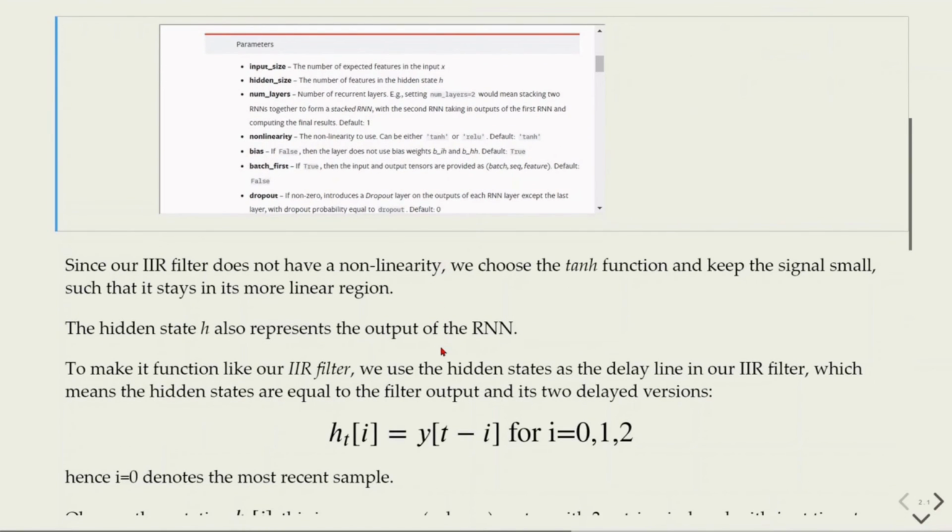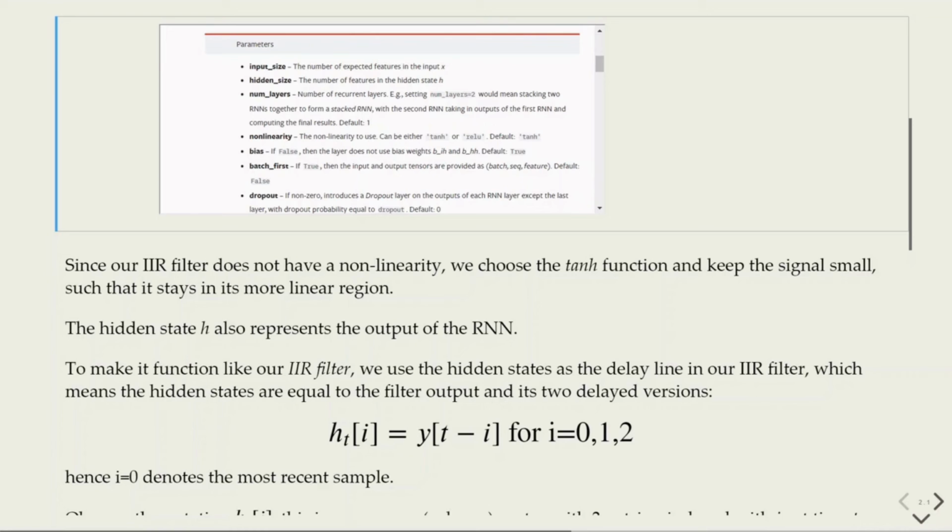Since our IIR filter does not have a nonlinearity, we choose the tanh function and keep the signal small such that it stays in its more linear region. So you're familiar with the tanh, the function that goes from -1 to 1, and values that are bigger than 1 or smaller than -1 will be, let's say, shaped by this tanh function.